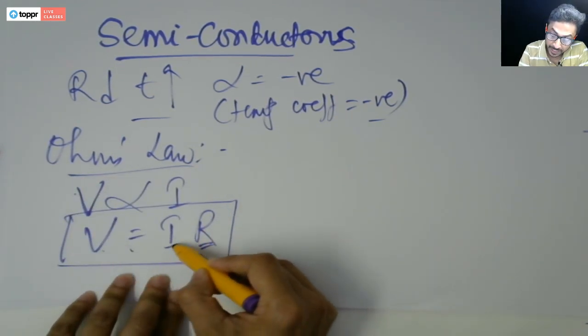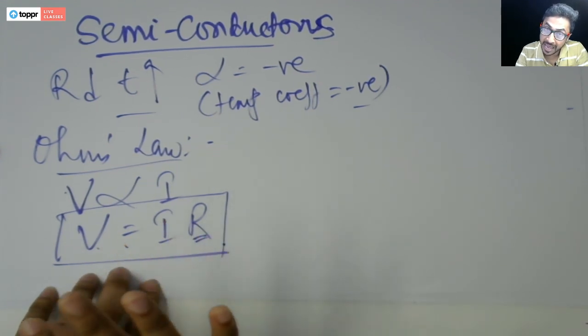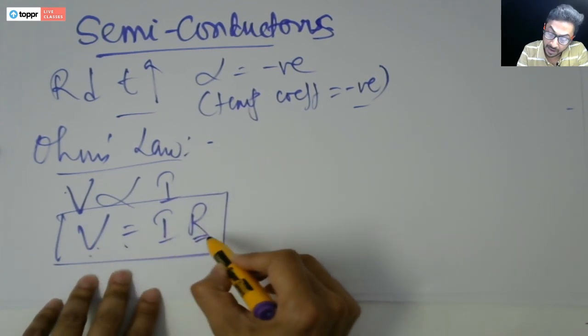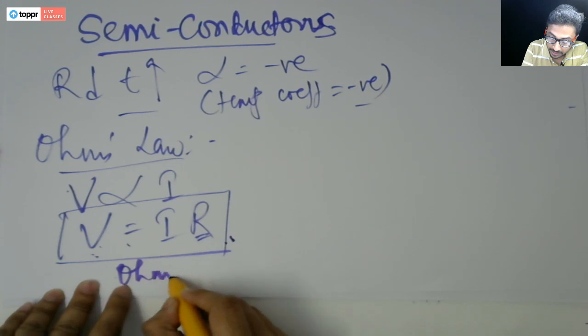This is not an absolute law followed by all conductors. The conductors which follow this are called ohmic conductors.